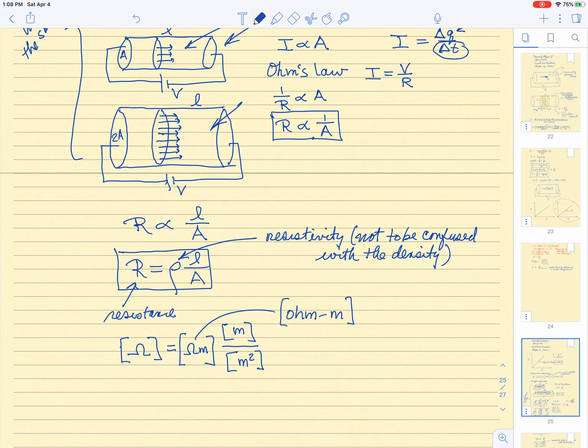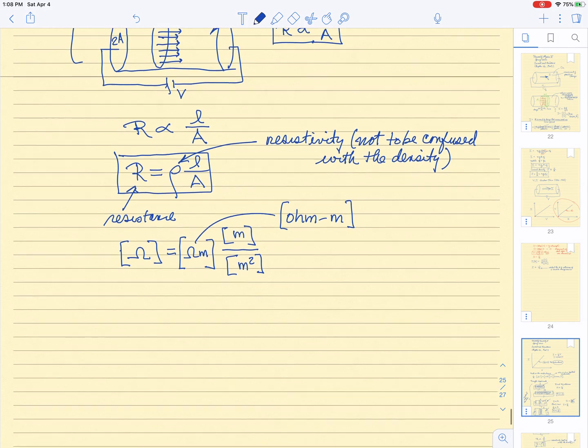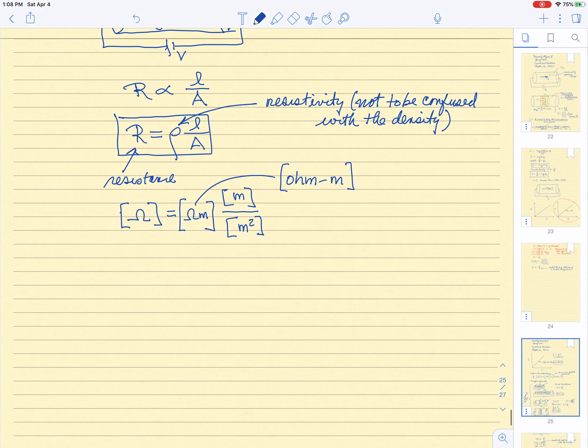And so the larger the resistivity, the larger the resistance of a material, okay? So again, you could look up a table in your textbook of resistivities and get a sense of their scale.